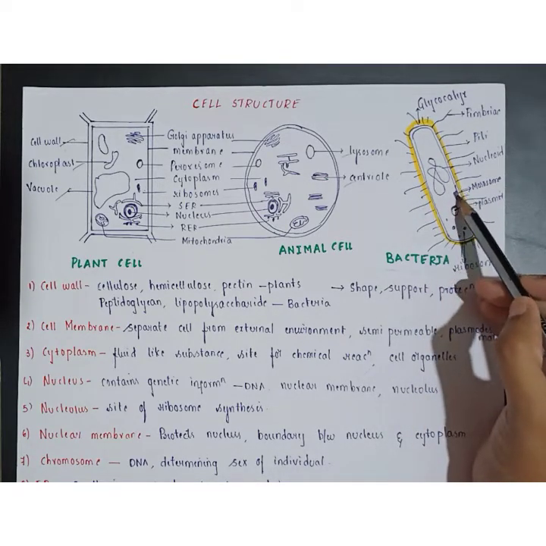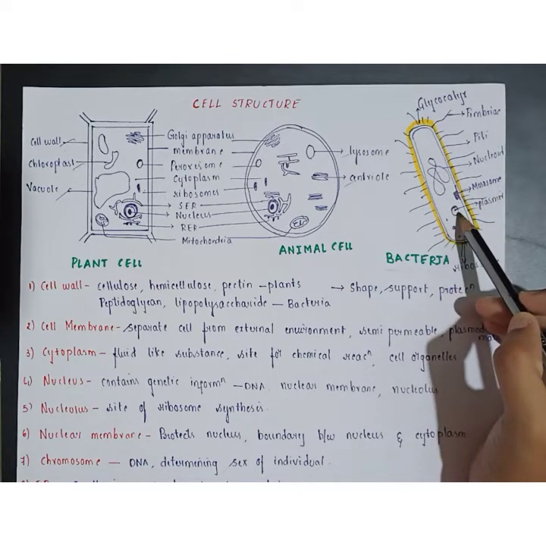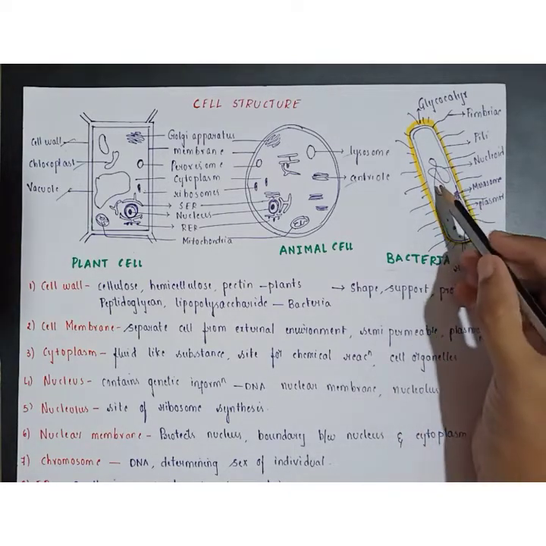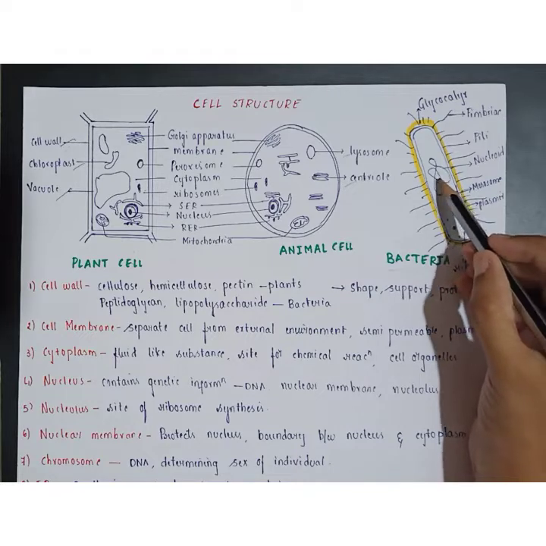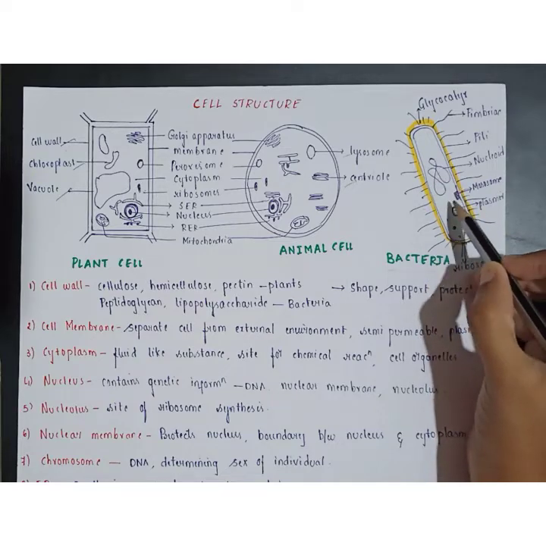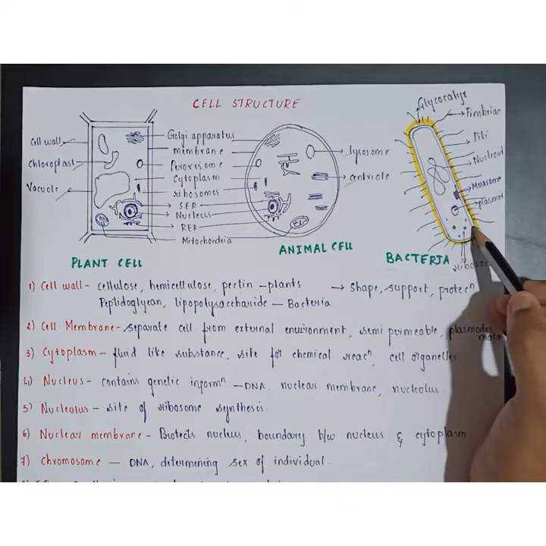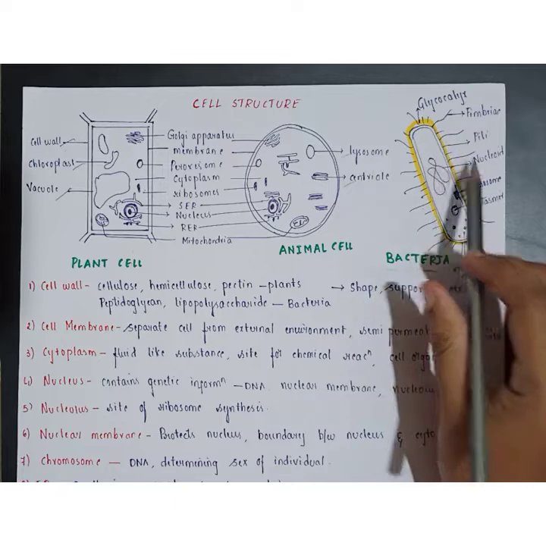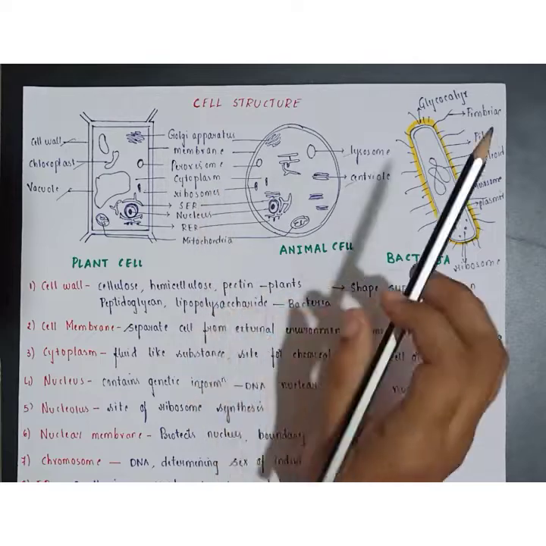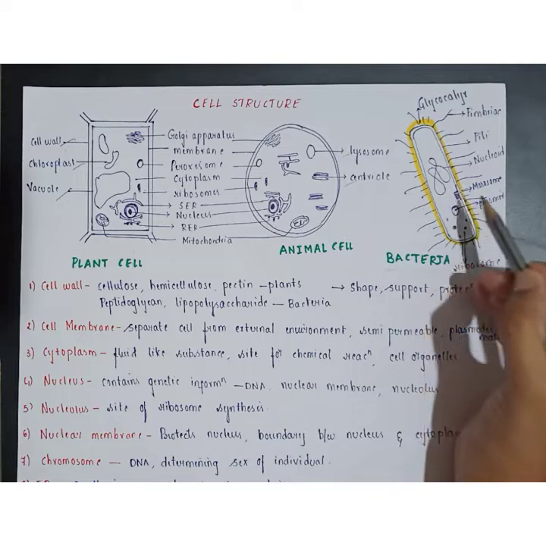The plasma membrane itself protrudes inside to form the mesosome, and it contains a plasmid, which is an extra chromosomal circular DNA, meaning that some genetic material is present external to the nucleoid. And these are the ribosomes. The bacteria do not contain cell organelles like Golgi apparatus, mitochondria, peroxisomes. The function of mitochondria is performed by the mesosome in bacteria.